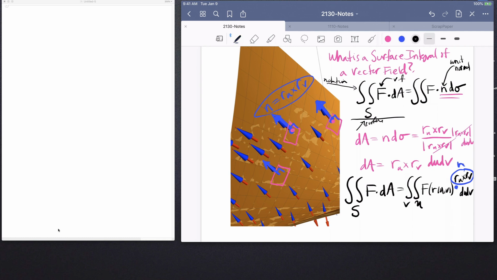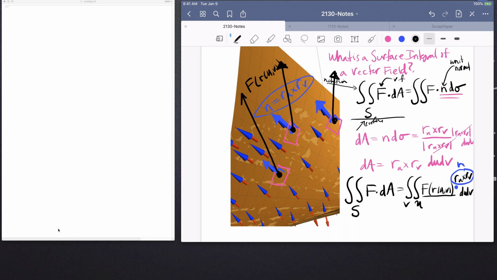And then we have to introduce the vector field itself. At each point on the surface, there is another vector, called the vector field. This vector might change depending on what the vector field is, but let's say we have these vectors F. So here's the vector field, and because we're looking at the points on the surface, we might call this the vector field evaluated at the points on the surface.